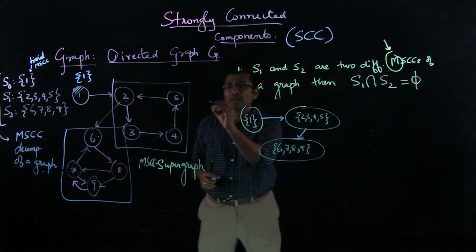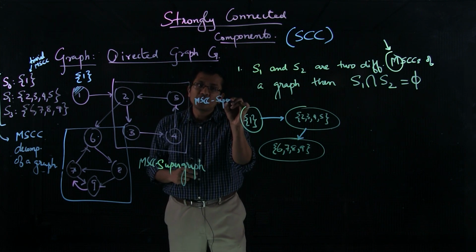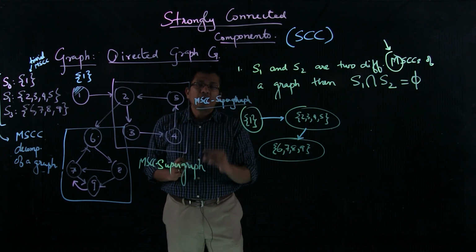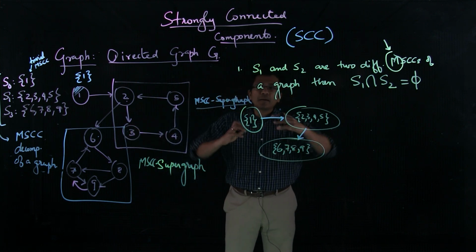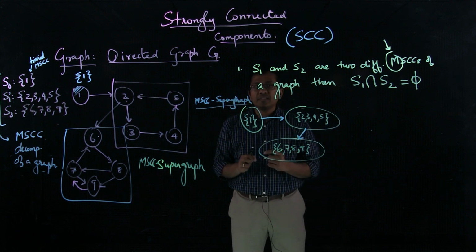Okay, and this is sometimes called, not everyone wants to call this, an MSCC supergraph. All right, just decomposing every MSCC, compressing it into a single node, you get a new graph which looks like this in this case.